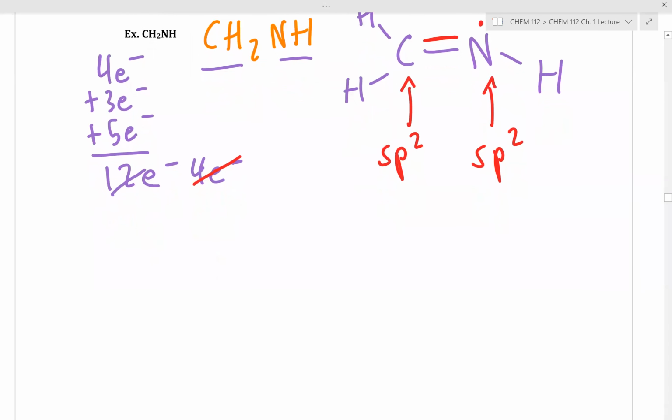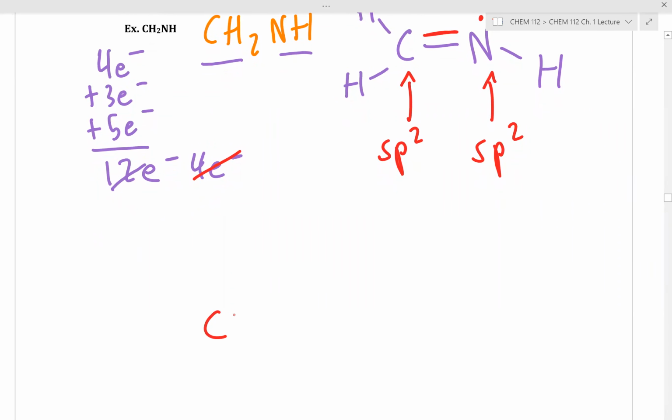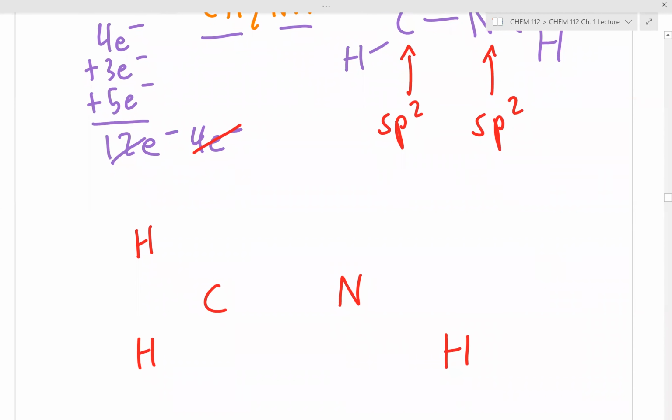So I'm going to draw our skeleton, and then we're going to flesh out our skeleton. Okay, so here's our skeleton in place. And since we've established this carbon is an sp2 carbon, and this nitrogen is an sp2 nitrogen, what orbitals is carbon going to use to form single bonds?